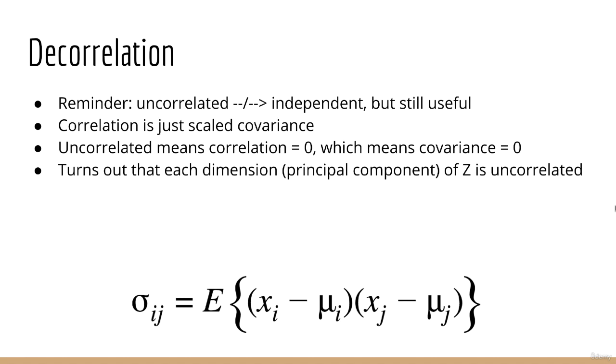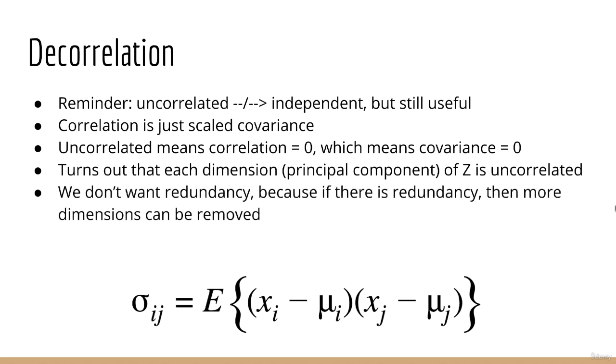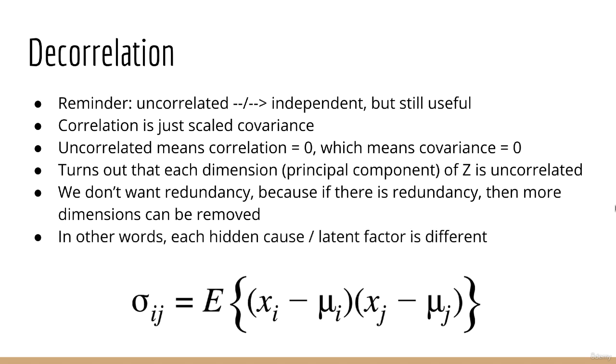And this is important in terms of dimensionality reduction. For dimensionality reduction, we don't want any redundancy. If we have any redundancy, that means more dimensions can be removed. So by having each dimension be uncorrelated, we can interpret each factor as being a totally different hidden cause behind the stock's return.